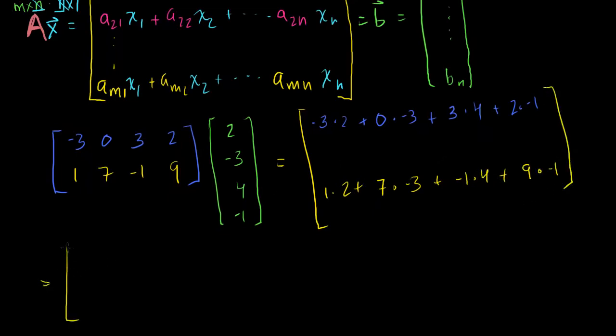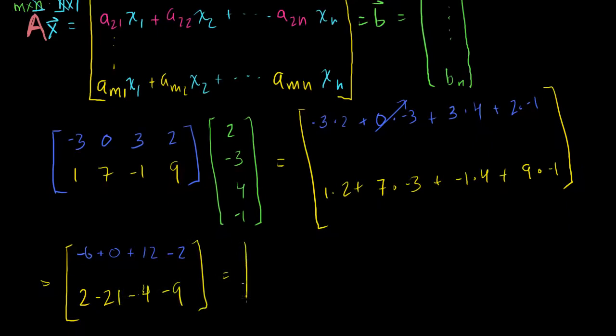This is equal to minus 3 times 2 is minus 6, plus 0, plus 0, plus 12, right? This is 12, minus 2. And then this simplifies to 2 minus 21, minus 4, minus 9.